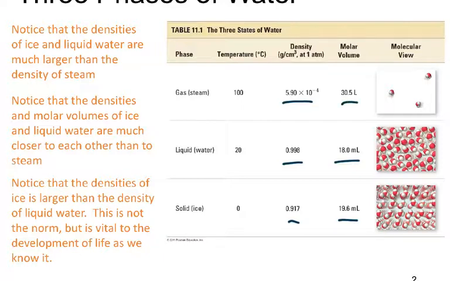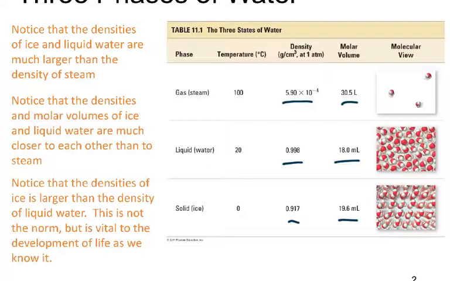One unique thing about water is that the density of ice is smaller than the density of water.